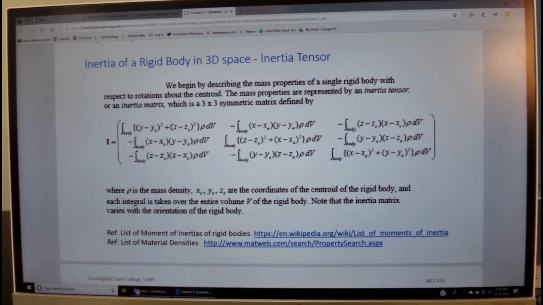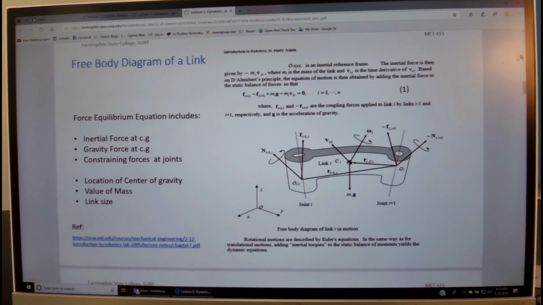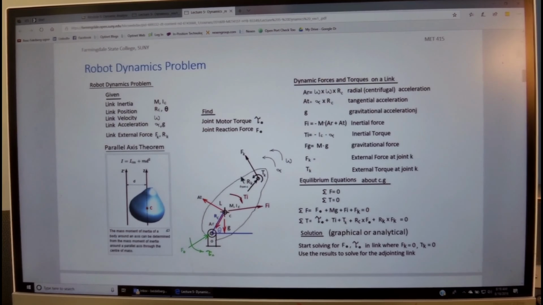We should also mention, as in a previous slide, that if we are looking for a moment of inertia about an axis other than the centroid, such as an axis about the center of rotation, then we have to use the parallel axis theorem.